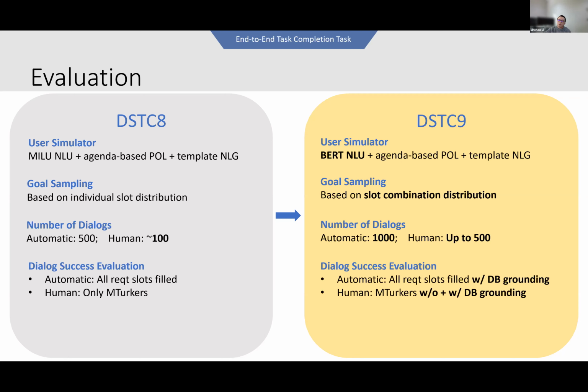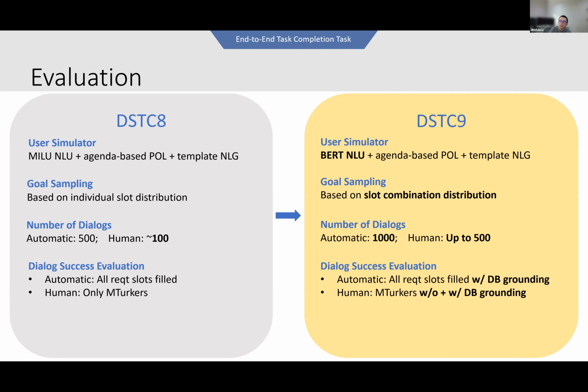Dialogue success evaluation is quite different, just as I mentioned before. For automatic evaluation, when we want to judge whether a dialogue is successful or not, one intermediate metric we used was the recall score, which only cares about whether all the requested slots are filled. Now we add a DB grounding constraint.